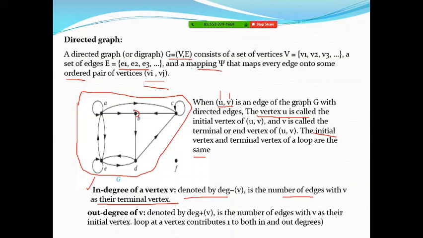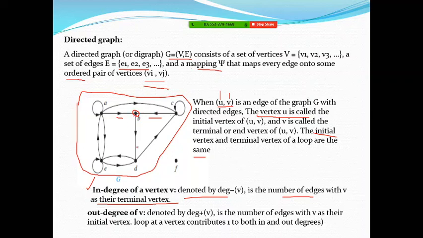Like in this vertex B, what are the edges entering this vertex? It is 1 and it is 2. These edges have their terminal vertex as B. Therefore its in degree is 2.